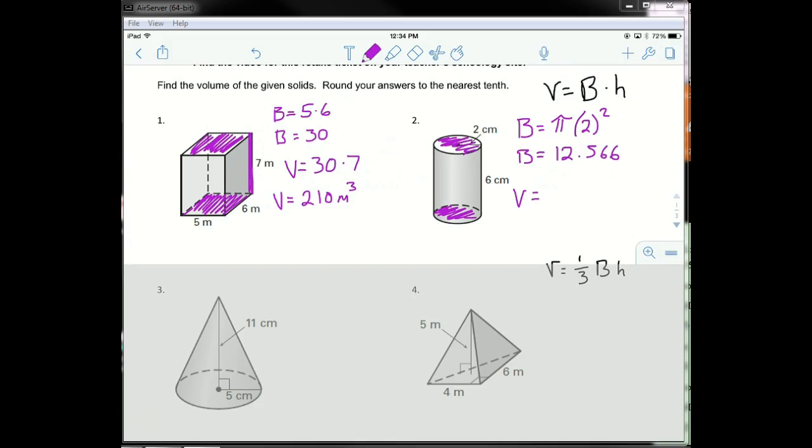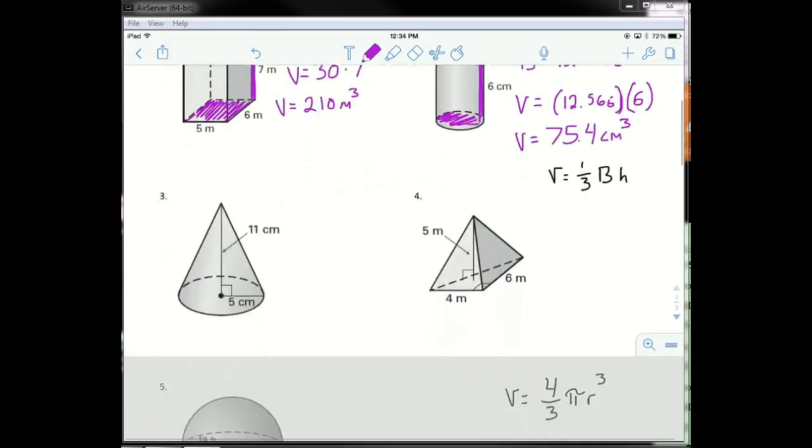Volume equals area of the base, that number 12.566, multiply that by the height, which is the distance between those 2 bases, in this situation up and down, is 6. For a total volume of 75.4 cubic centimeters.